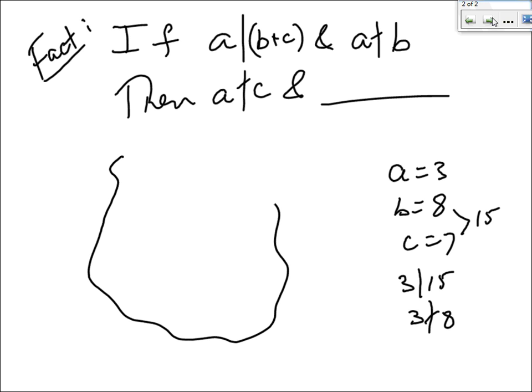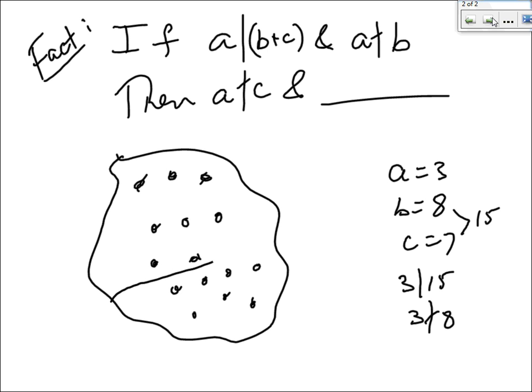Well, we know that if we have 15 marbles, 4, 5, 6, 7, 8, 9, 10, 11, 12, 13, 14, 15, we already saw that 3 goes into 15. Besides, you should know that anyway. But now we're going to partition it right here. The top half is B, which has 8 marbles. The bottom half is C, which has 7 marbles.